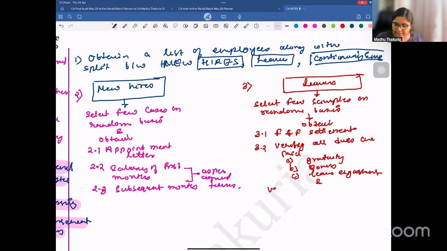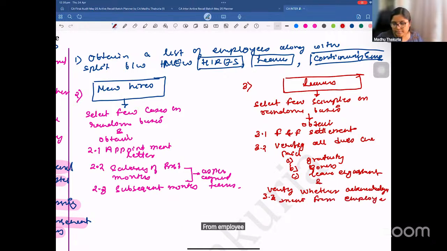And verify whether acknowledgement from the employee for the final settlement is received.